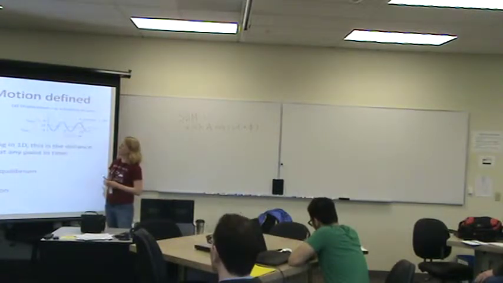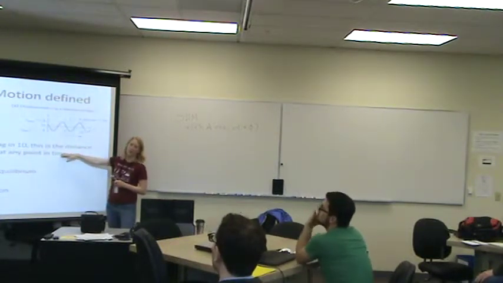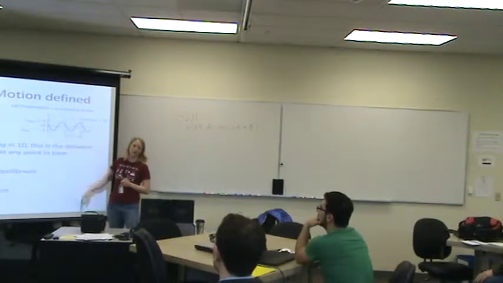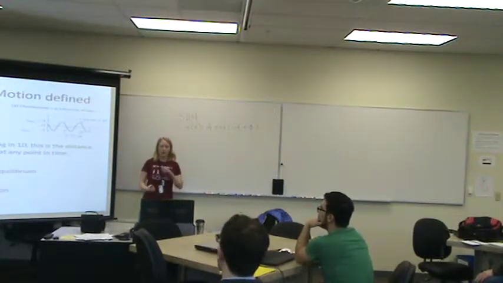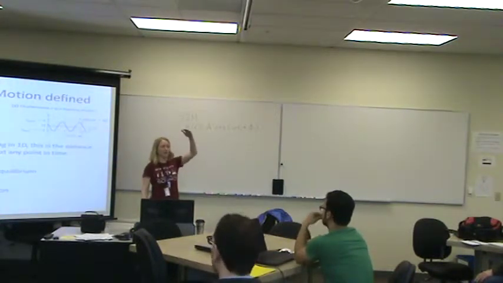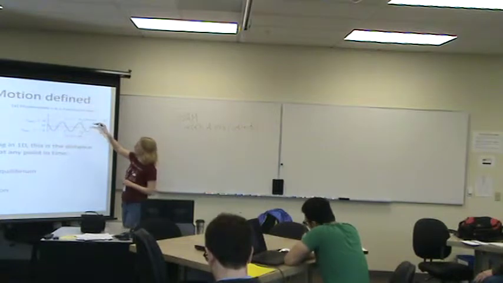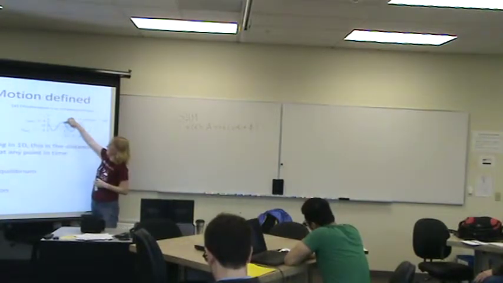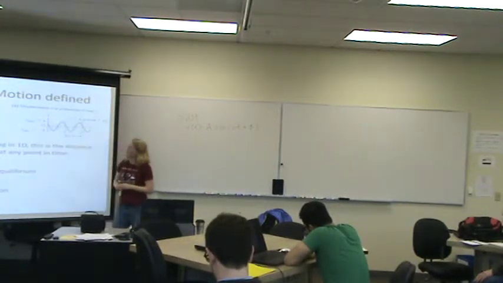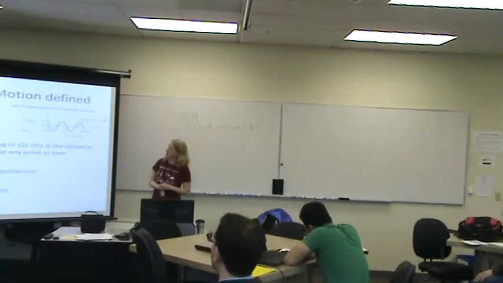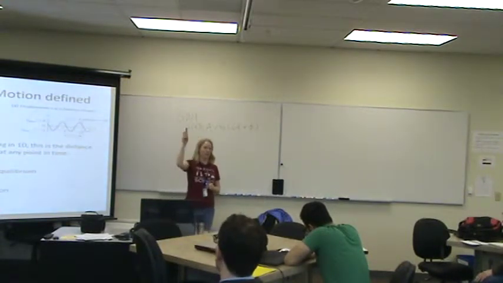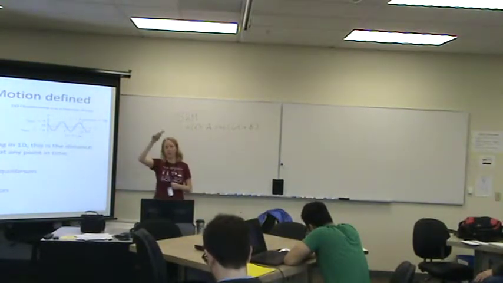So x of t is the displacement from equilibrium. That's an important point, from equilibrium. The amplitude would be the maximum displacement from equilibrium. Throughout the whole cycle of motion, A is the maximum displacement. Period is the time it takes to go from peak to peak or trough to trough, the time for one cycle.